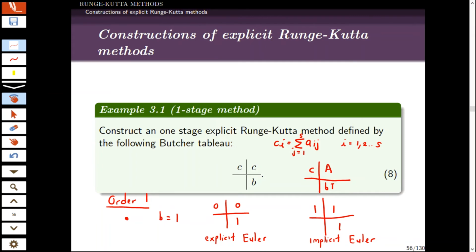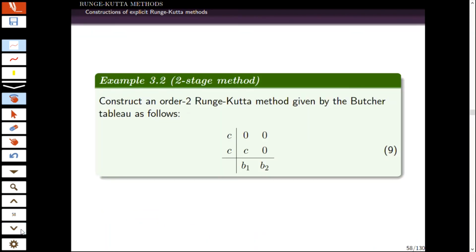Okay, now to satisfy order 2, so order 1 has two methods, which are explicit Euler and implicit Euler. Now to construct an order 2 method, look at this order 2. By right, we have c1 and c2. This is c1. But in this case the row sum condition holds, so this is c2.